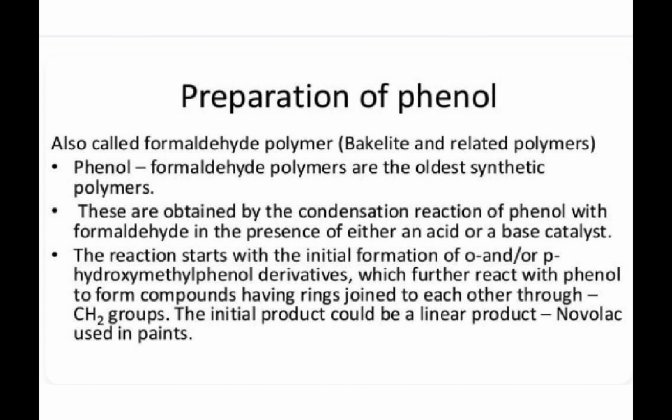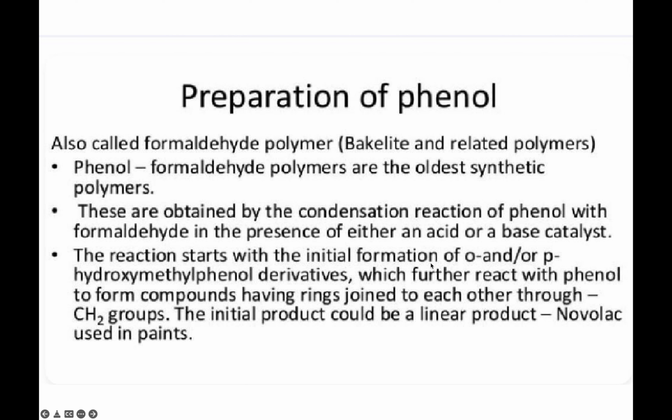Then how is phenol-formaldehyde polymer prepared? It is also called bakelite and related polymers. Phenol-formaldehyde polymers are the oldest synthetic polymers. Normally we make them by condensation reaction of phenol with formaldehyde in the presence of either an acid or a base catalyst.